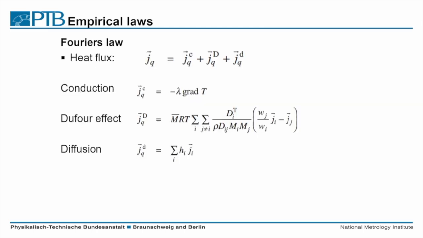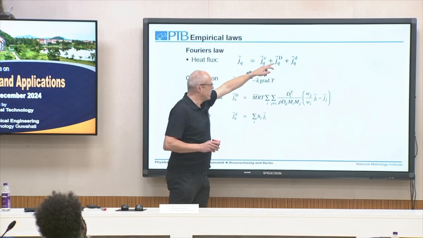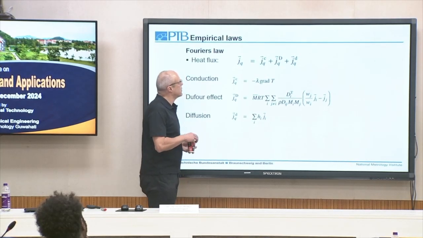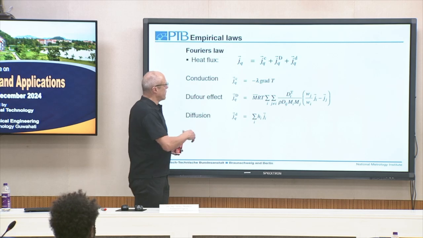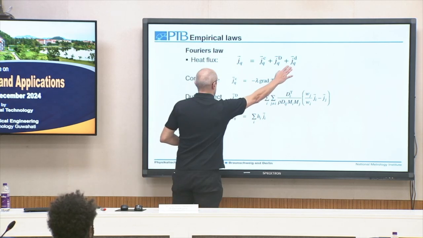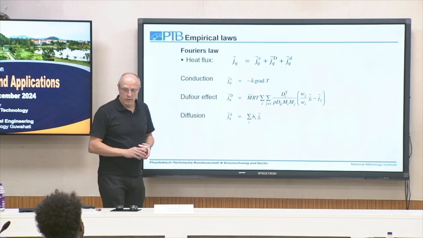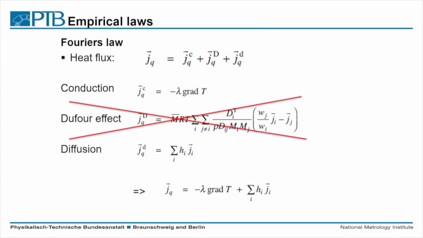So when we go to Fourier's law, the heat flux, this consists of conduction, the so-called Dufour effect, so heat flux due to a concentration gradient, and the diffusion finally, and this part here in the middle normally can be neglected.